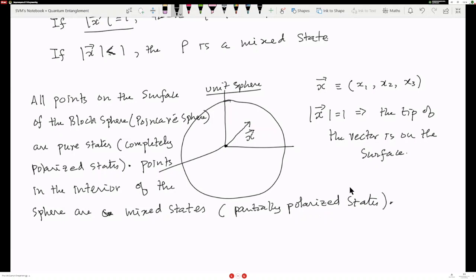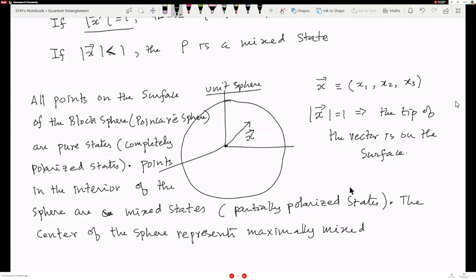And the origin, or the center of the sphere, represents the maximally mixed state, which in the language of polarization is what represents an unpolarized state.